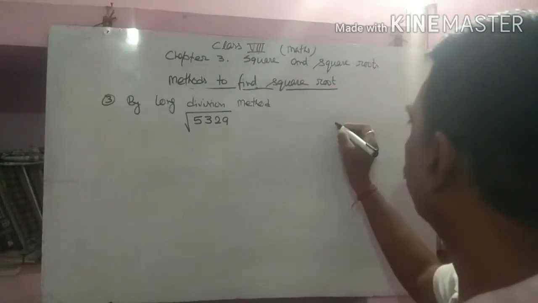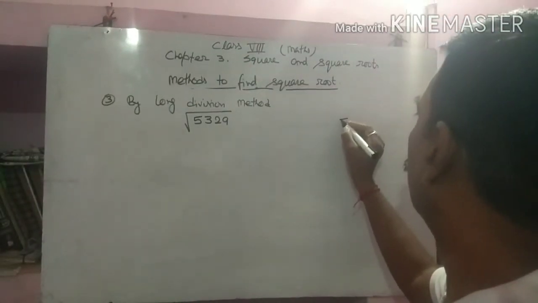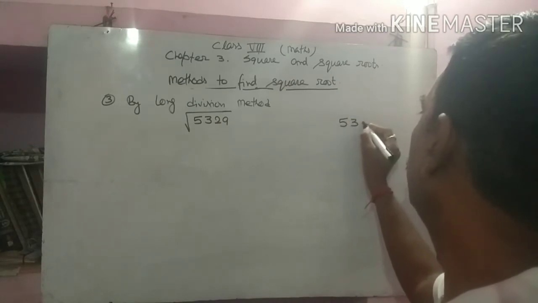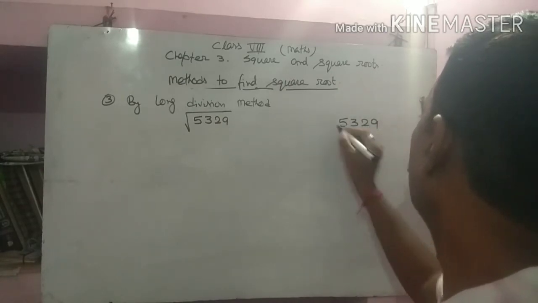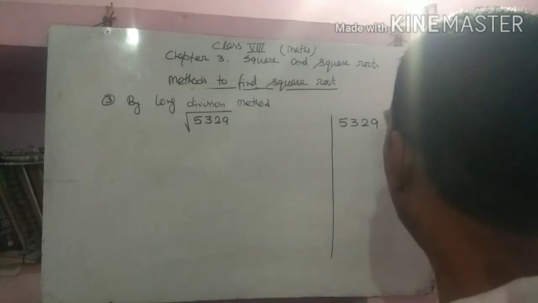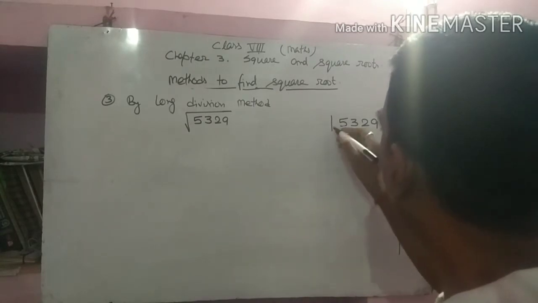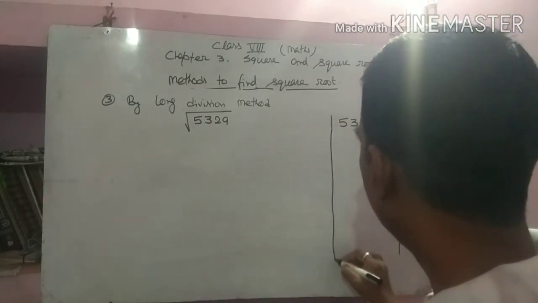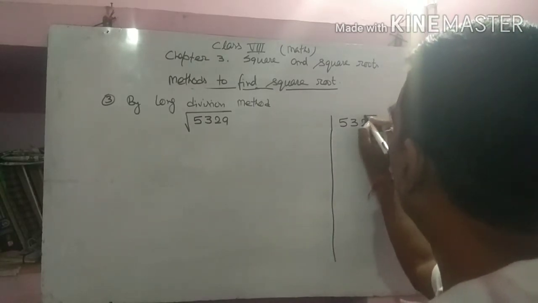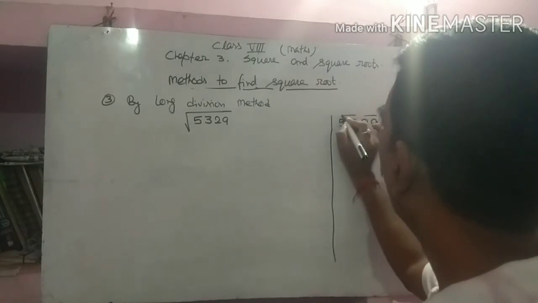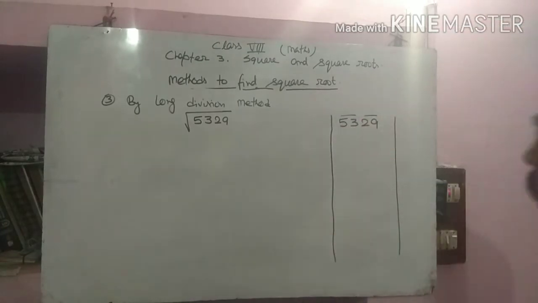To divide 5329, or any number you want, by the long division method, make groups of 2 numbers from the left. So we take a group of 2 numbers from the left, which is 53.